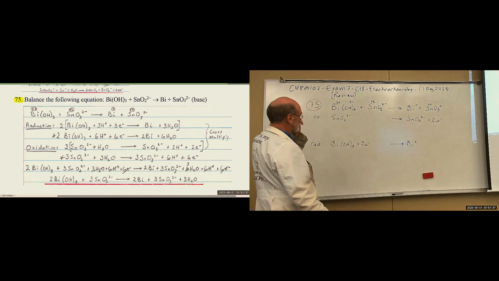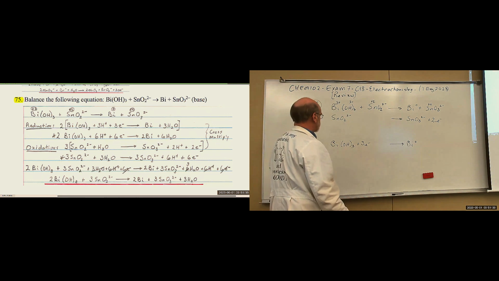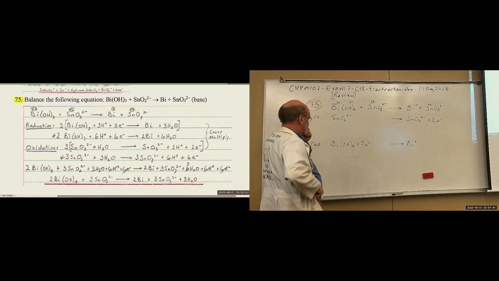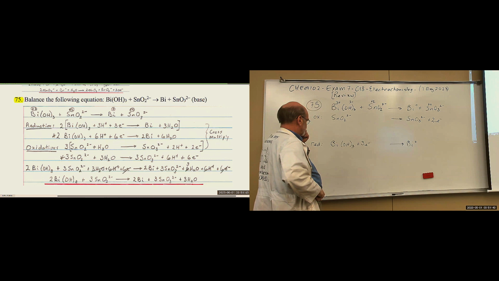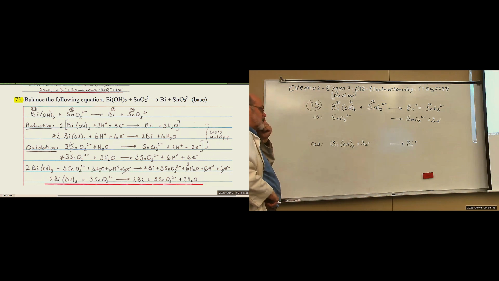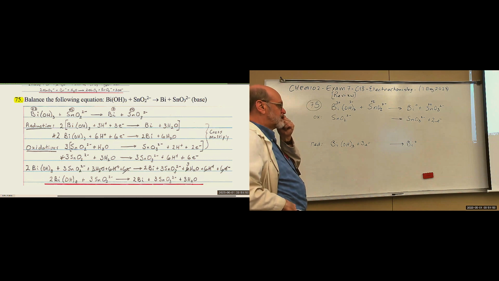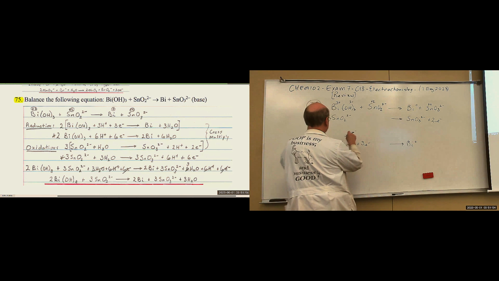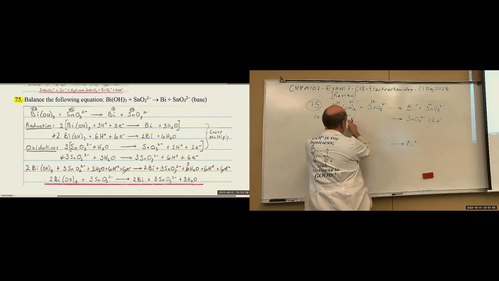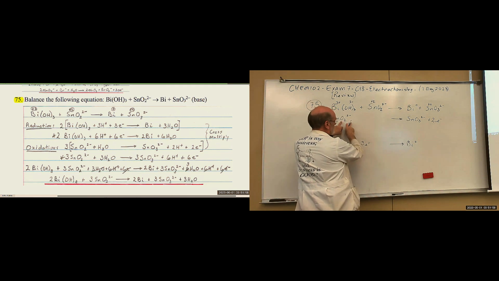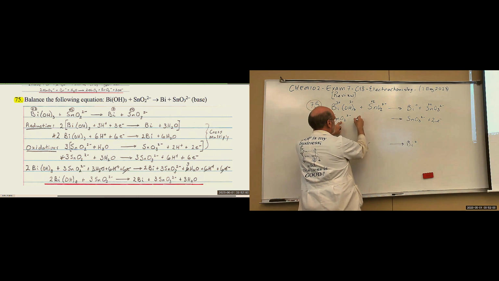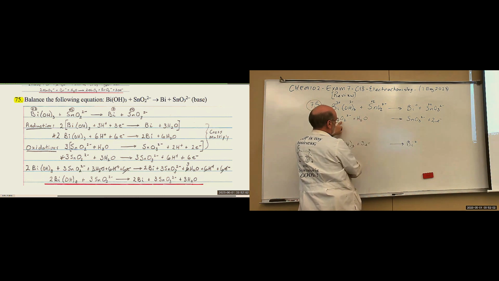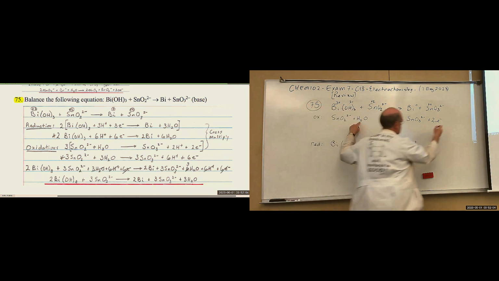Right? All right. So got to balance the oxygens now. 2 here and 3 there. That means we need 1 over here. And that means we need 2 hydrogens over here.